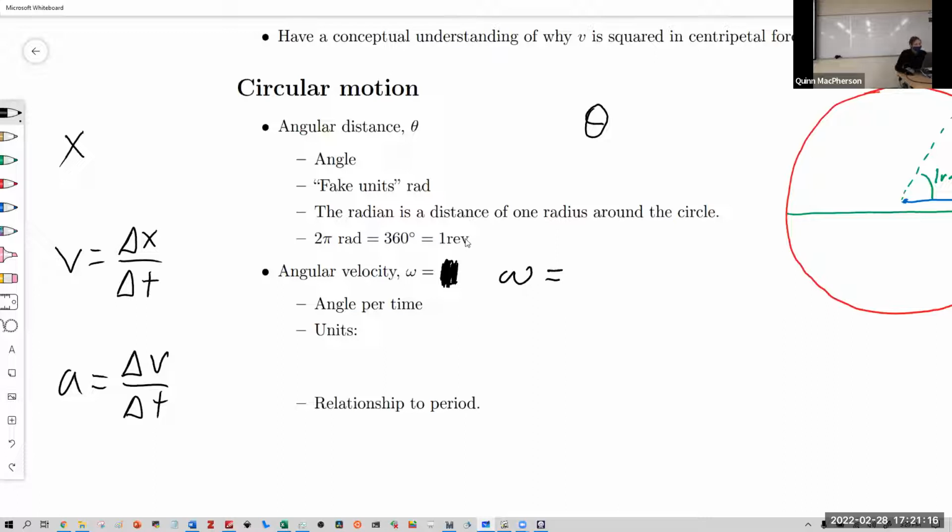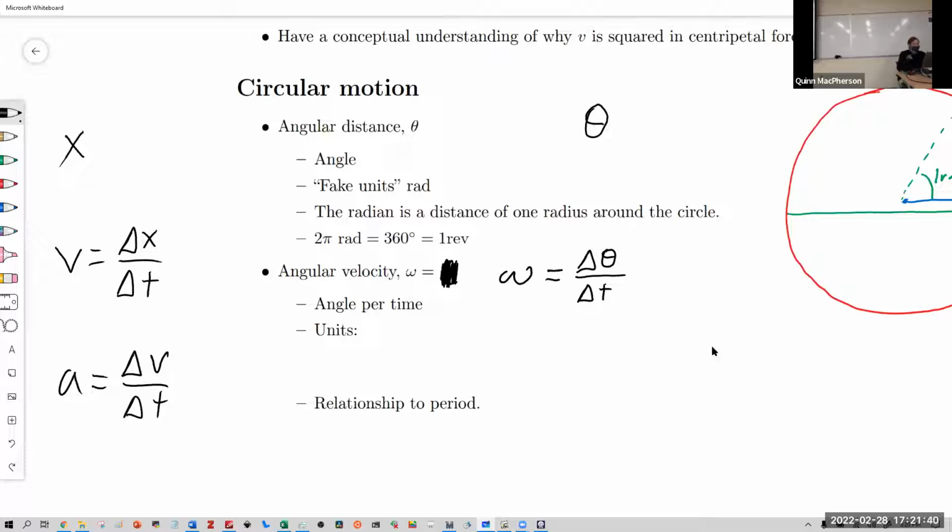So omega is the change in angle over the change in time. Just like velocity is position per time, angular velocity is angle per time.